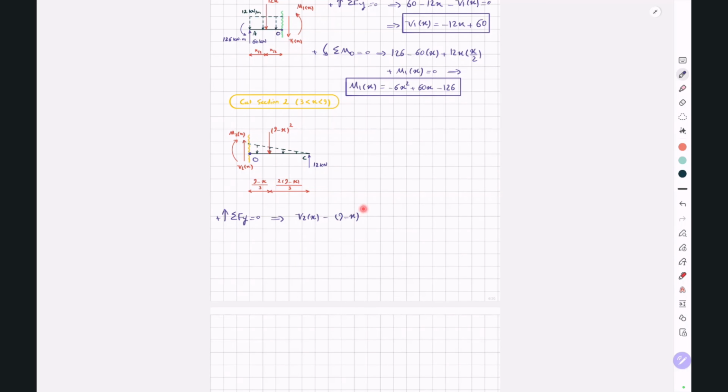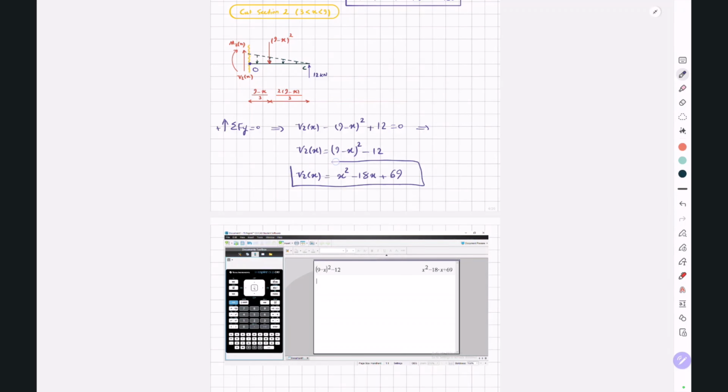So V2x is equal to x to the power of 2 minus 18x plus 69. So for x between 3 to 9, we can determine our shear force using this quadratic function.